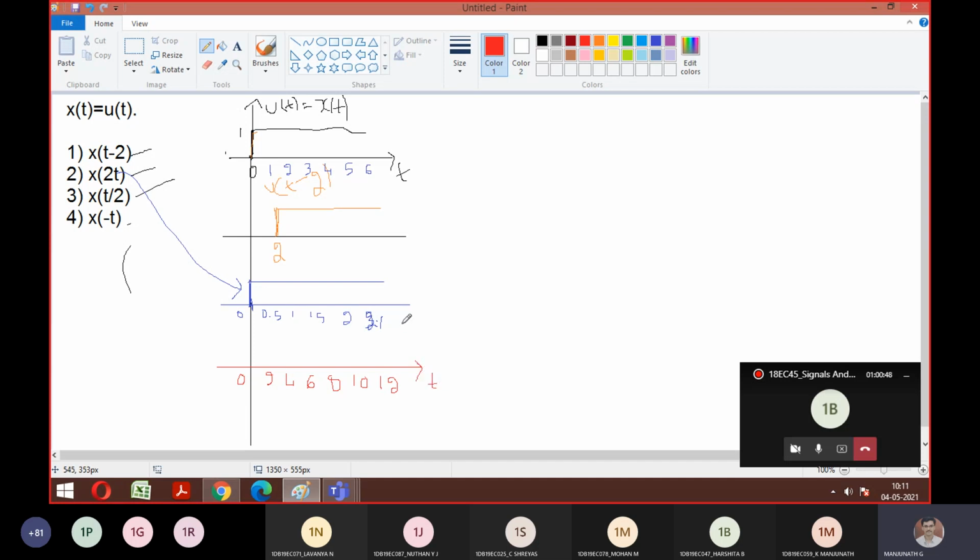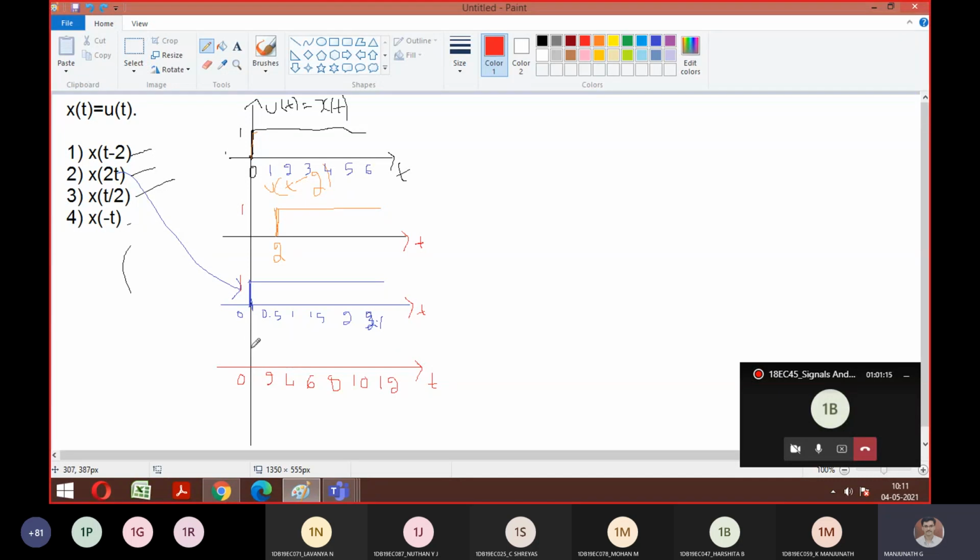Don't forget, that is why they given sketch and label. So everyone do the labeling part clearly. Don't forget to mention the amplitude and the individual signals you are plotting. So expansion, only this t will get expanded, and the signal looks like a continuous one.